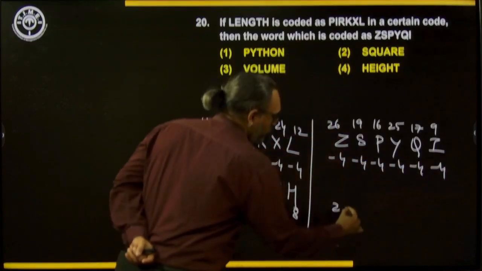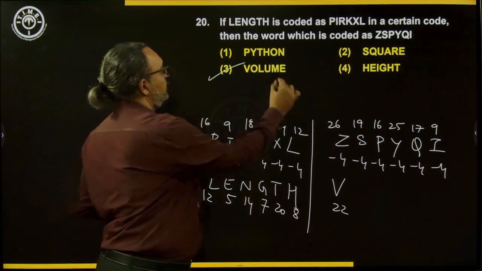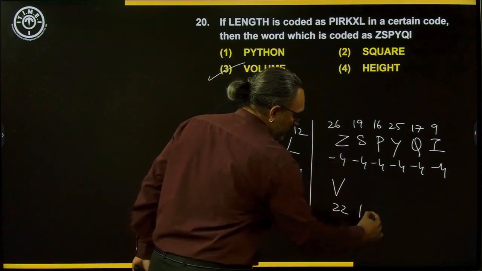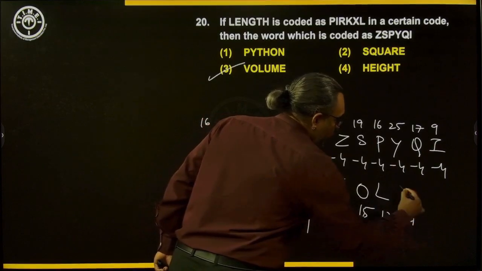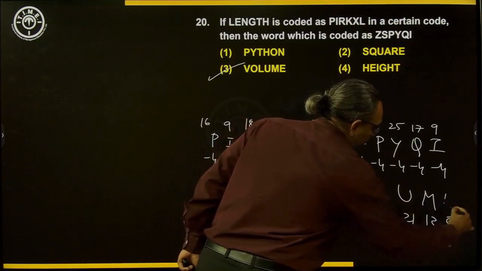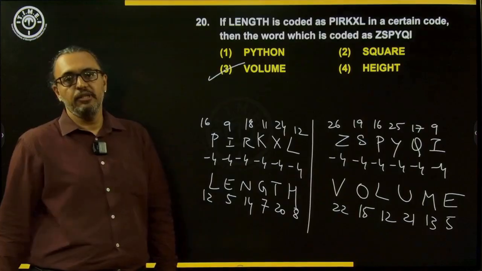So we have 22 V. Starting with V, there is only one option. Third option. Because this is 15 O, 12 L, 21 U, 13 M, 5 E. So the word that we are looking for is volume. That is what we have.